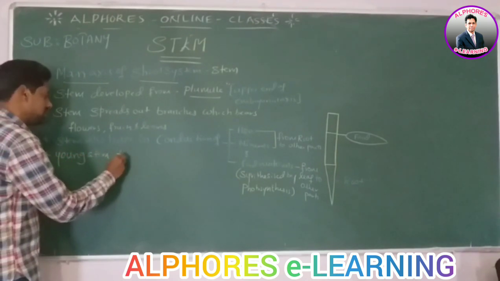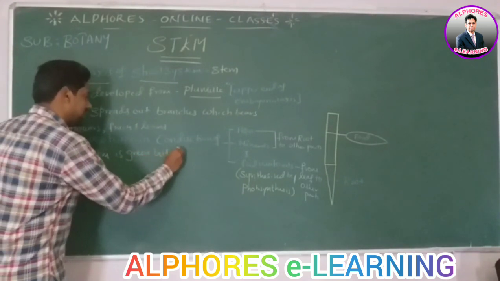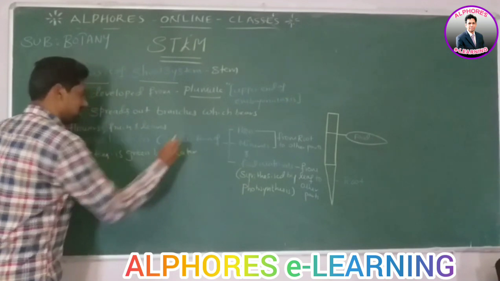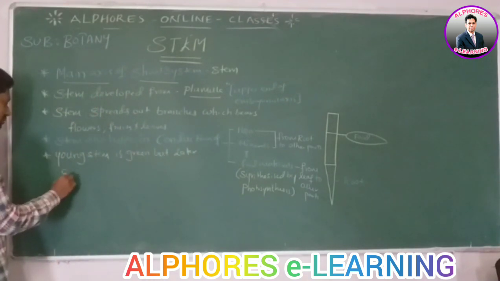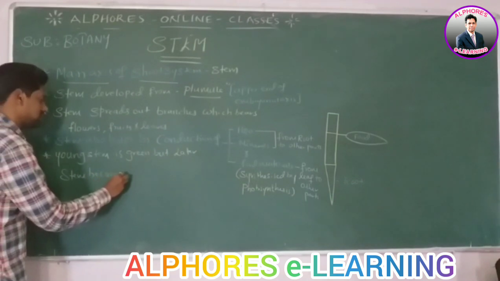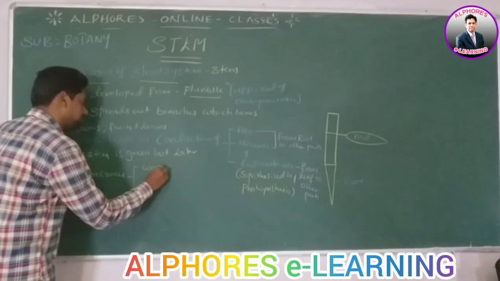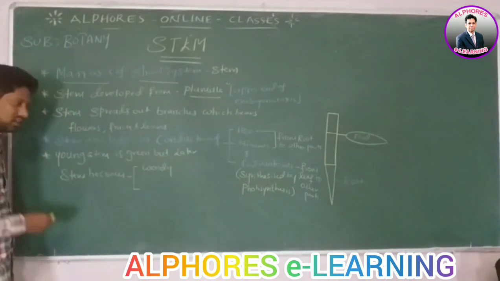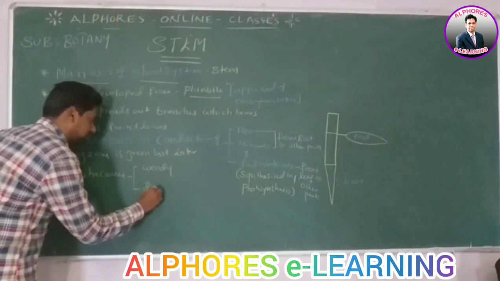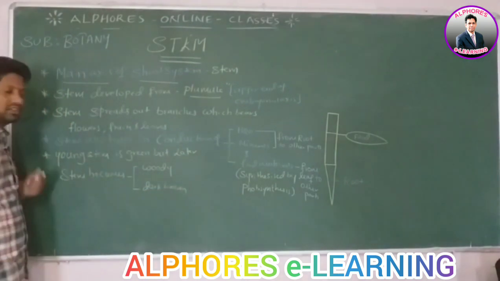Young stem is green, but later afterwards stem becomes woody, right? And dark brown. Is it okay?